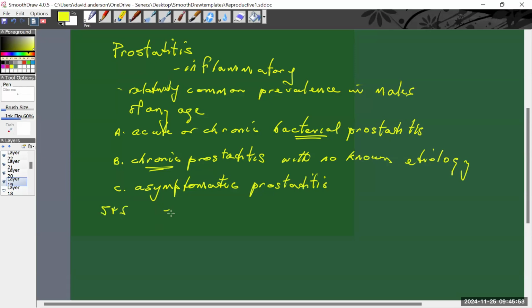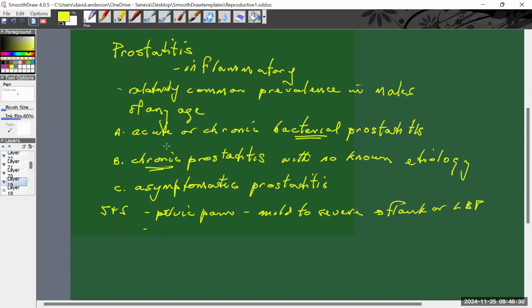So presentation, or the signs and symptoms, we're going to have some pelvic pain. And that can range from mild to severe. You can appreciate that often the acute onset is going to be a little more severe, and chronic is going to be a little more insidious and gradual in its presentation. It may actually even give flank or low back pain.